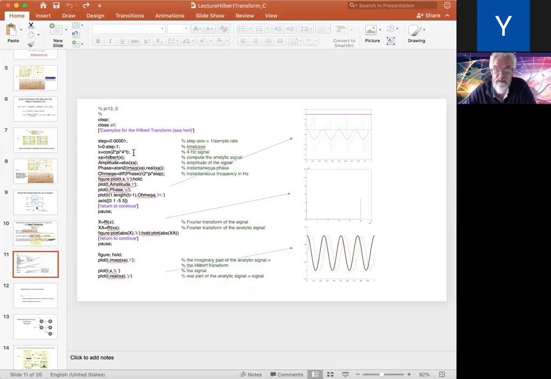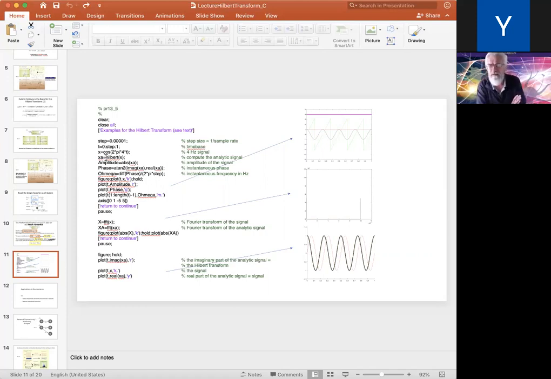And now you can see that we are using the so-called Hilbert command in Matlab. Keep in mind, the only thing that Hilbert command is doing is multiplying with minus pi over 2 radians. I should correct myself.